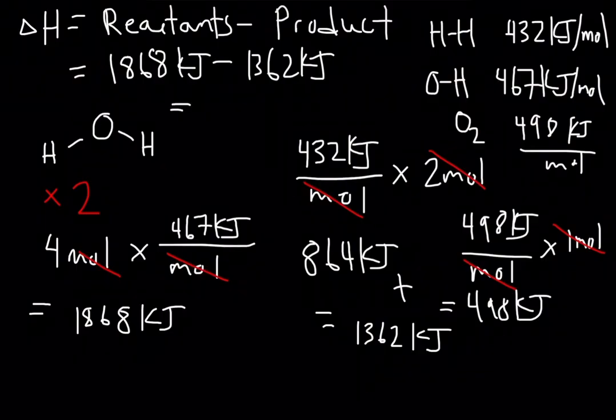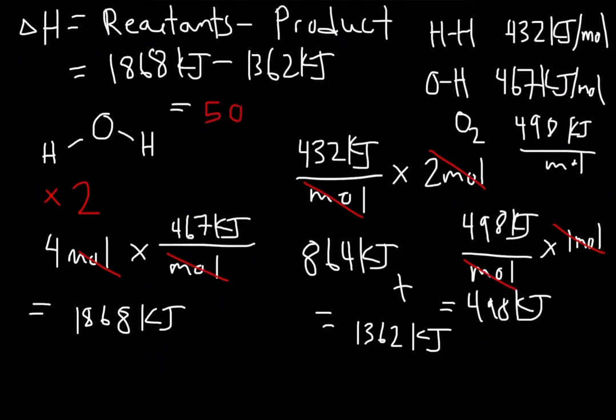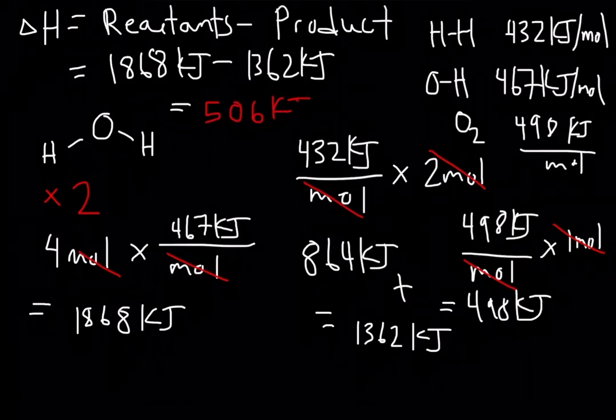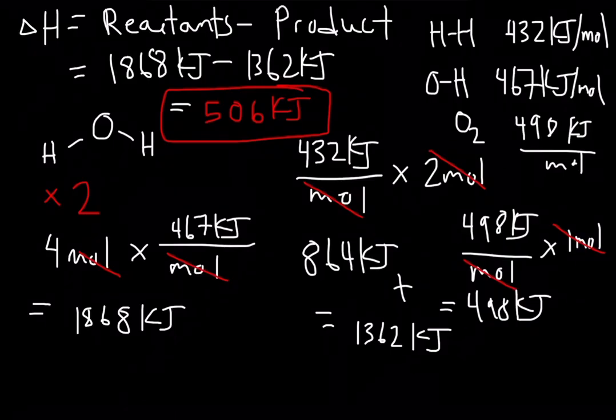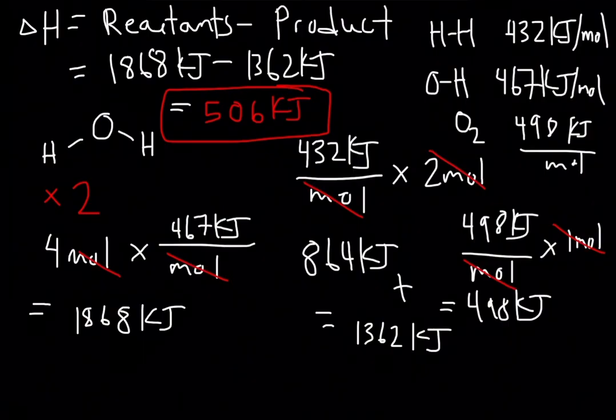And this gives us 506 kilojoule. So this is the final answer. That's the enthalpy change of the reaction, the decomposition of water. This is an endothermic reaction since the reactant energy was greater than the product energy.